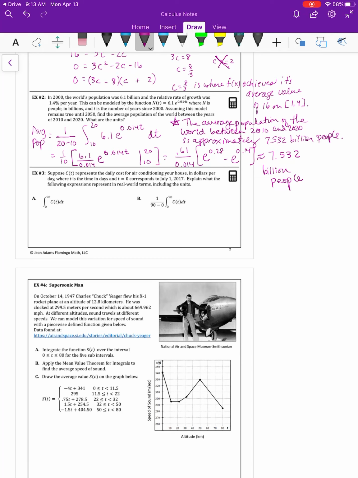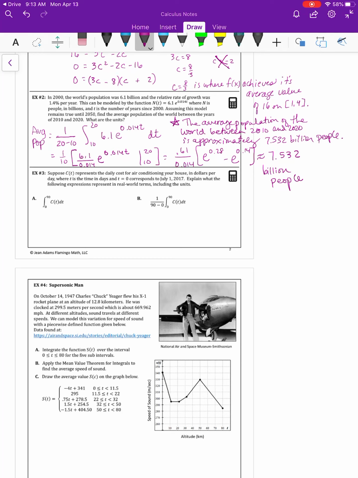to air condition. And remember what I said. Dollars per day was my C of t, right? So if I integrate, I'm going to have dollars, right? So when you integrate a rate, so dollars per day is a rate, you're always going to end up with the numerator of your rate as the answer to your integration.